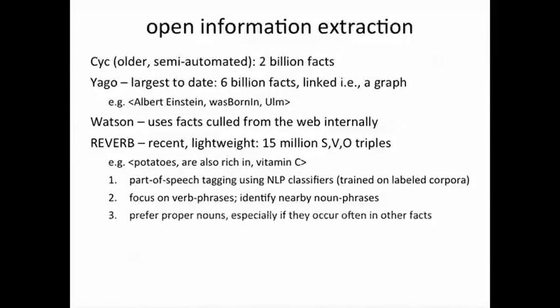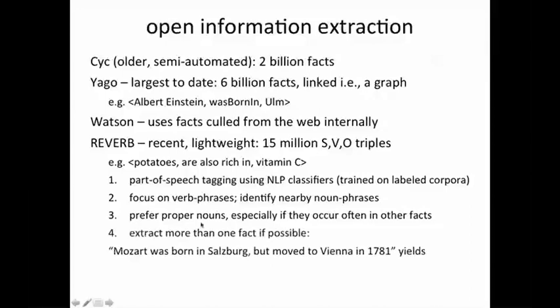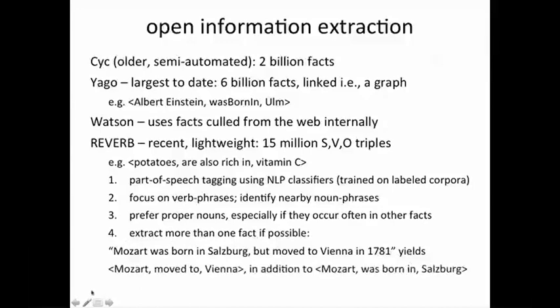It prefers proper nouns, especially if they occur often in other facts, so that words like Einstein are preferred rather than person or scientist. And wherever possible, it manages to extract more than one fact from a piece of text. So a text like "Mozart was born in Salzburg but moved to Vienna in 1781" yields two facts: Mozart moved to Vienna, in addition to Mozart was born in Salzburg.